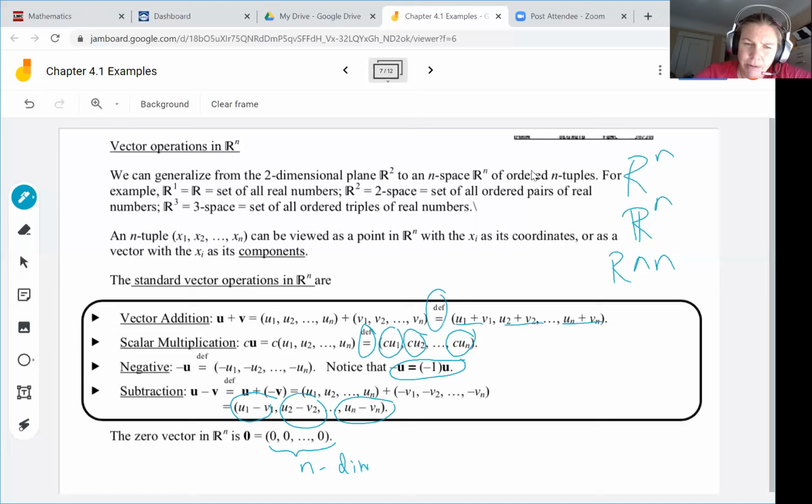You've got n components of 0. So you can say 0, 0, dot, dot, dot, 0. Anytime you're working in n space, we can put these ellipses, the dot, dot, dots, usually I do it between the second component and the nth component, and that tells people that it could be arbitrarily long for your component.